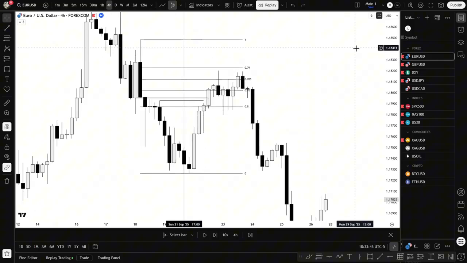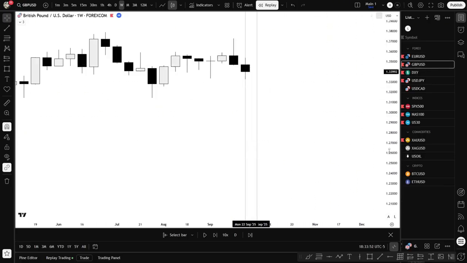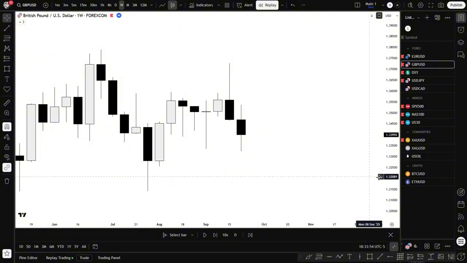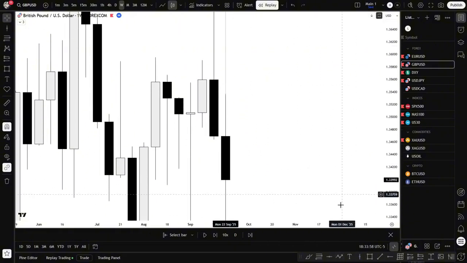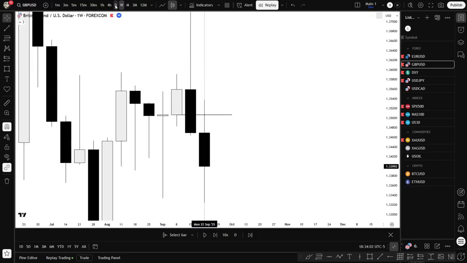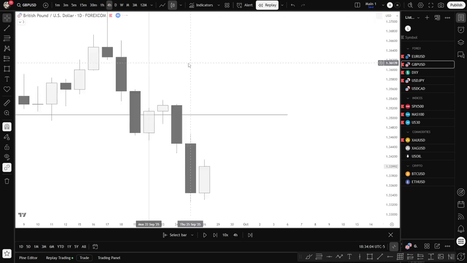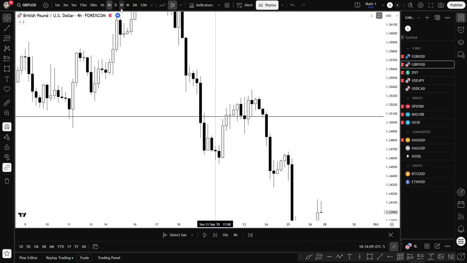Now, this is on EU, this is on GU, same thing. So we draw the opening price and we draw the target. So this opening price here is a really high probability target for us. So we do the same for our discount premium and the FVG.